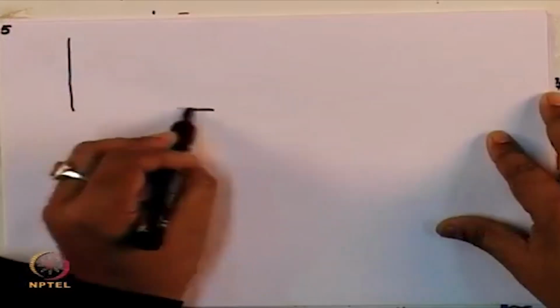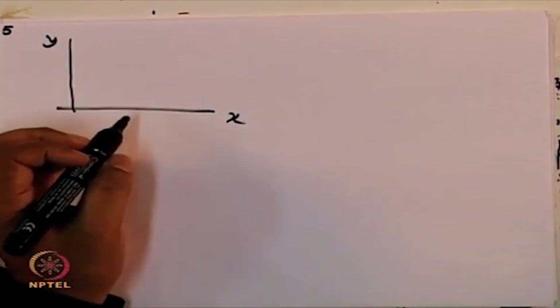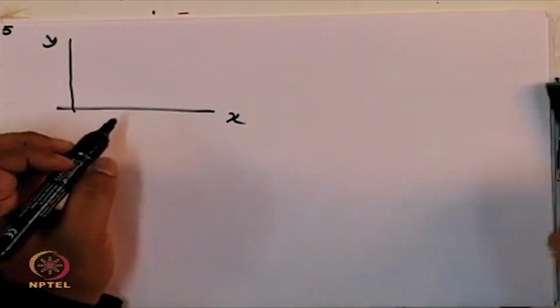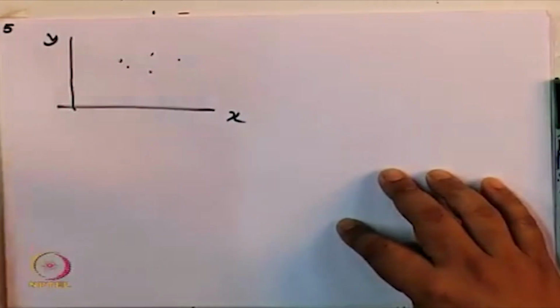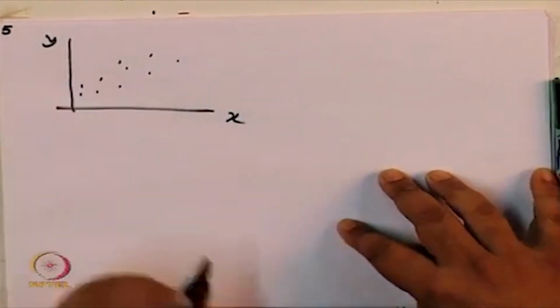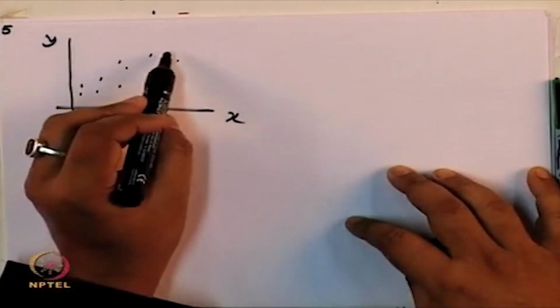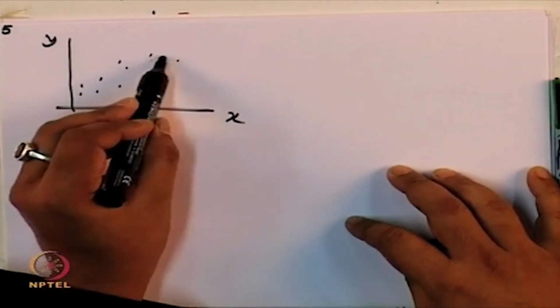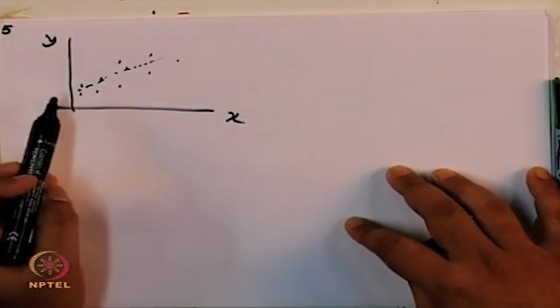So how do you know whether something is positively correlated or negatively correlated? Let us say I plot x and y and I have some scatter plots like this. On an average, if I were to draw a trend line through the middle, my trend line will look something like this.